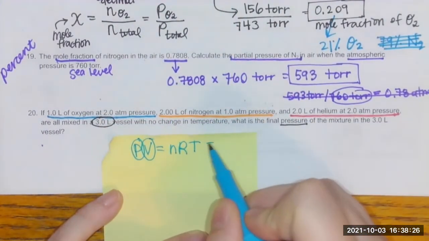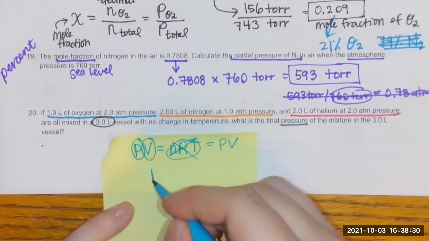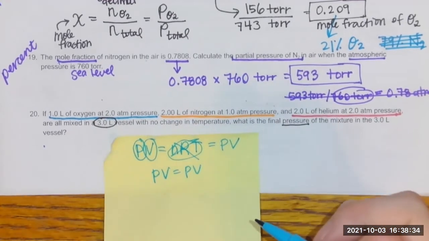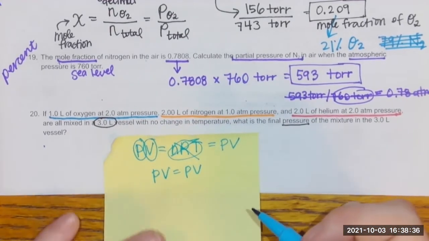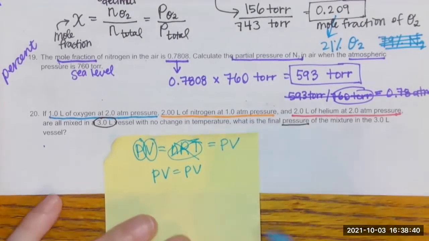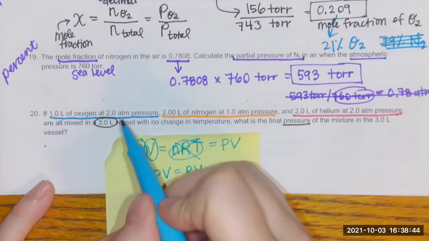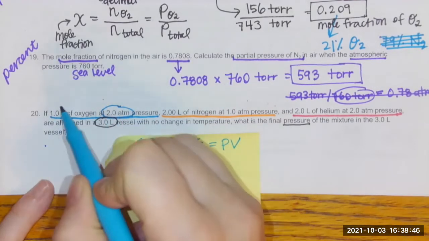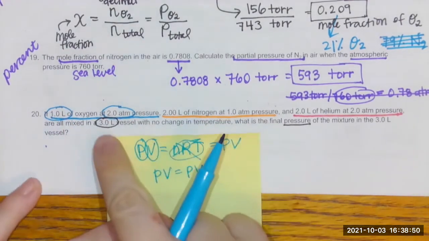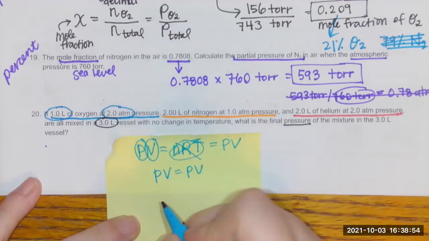So PV equals nRT equals PV. Get rid of the middle. PV equals PV. I'm going to plug in some of the values that I know. On one side, we're going to have 2 atmospheres and 1 liter, and the volume will then change to 3. That makes sense?